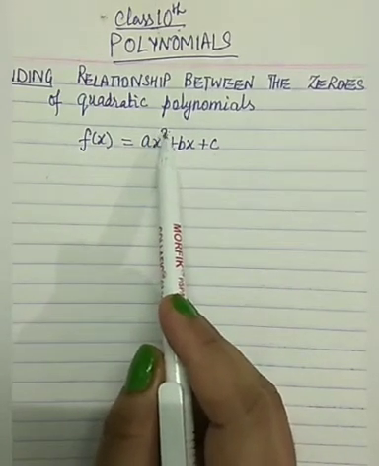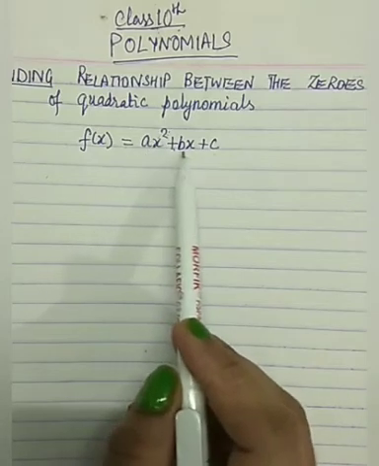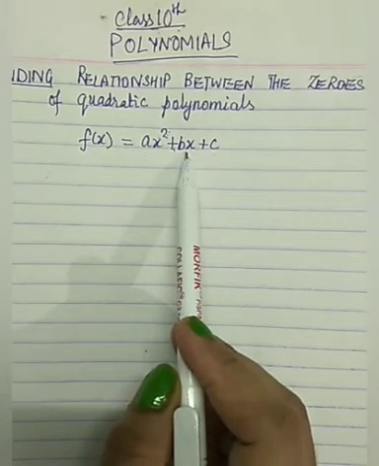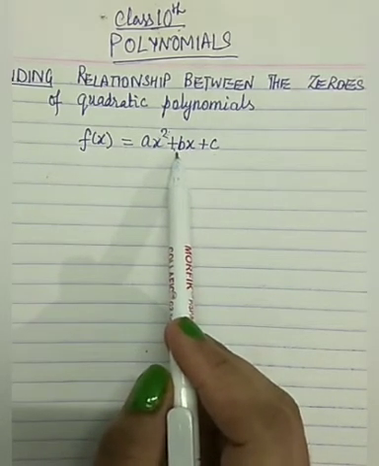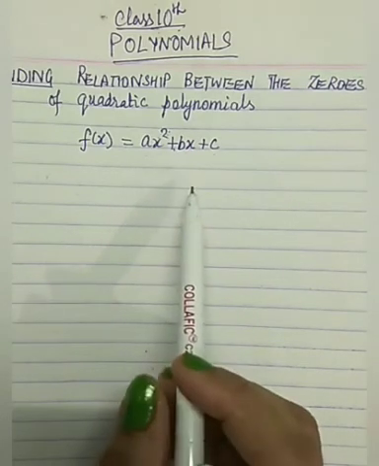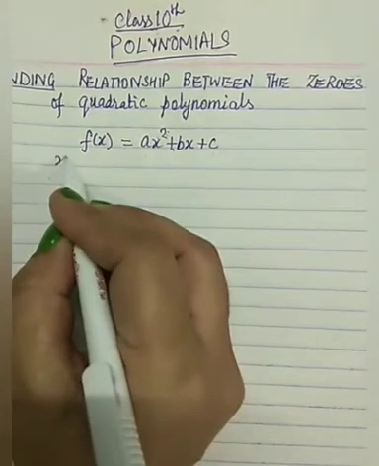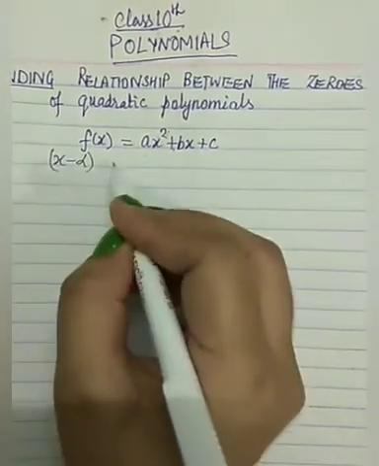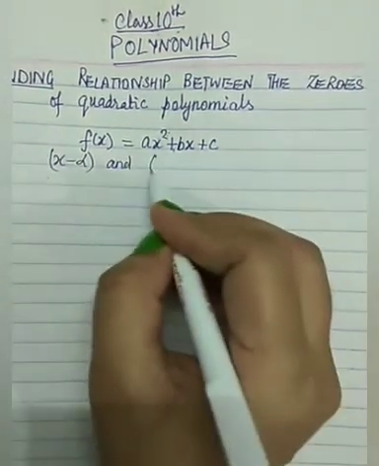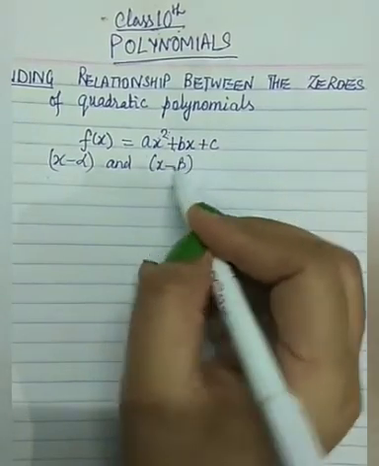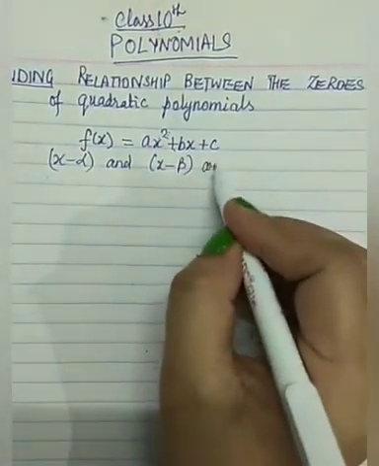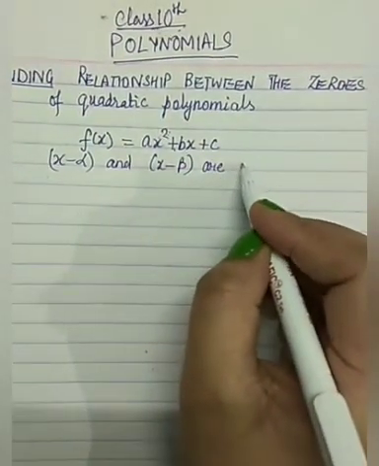If the power were 3, it would be a cubic polynomial and it would have three factors. So let us assume that x minus alpha and x minus beta are the factors of this polynomial.